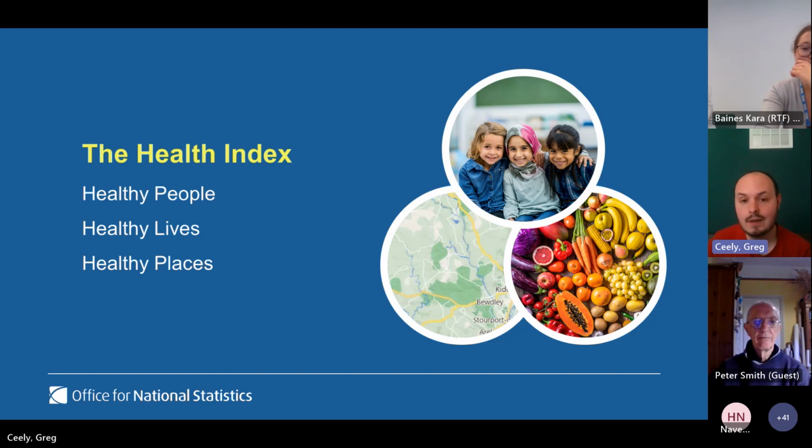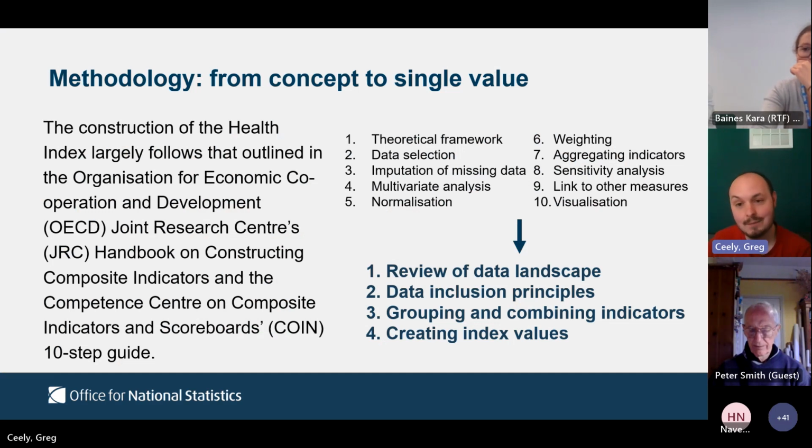We've developed this health index with all of these points in mind, fleshing them out with our own research, consultation with an expert group and the public, and have used best practice in index development techniques. And I will explain more on each of those points momentarily, including some of them right now.